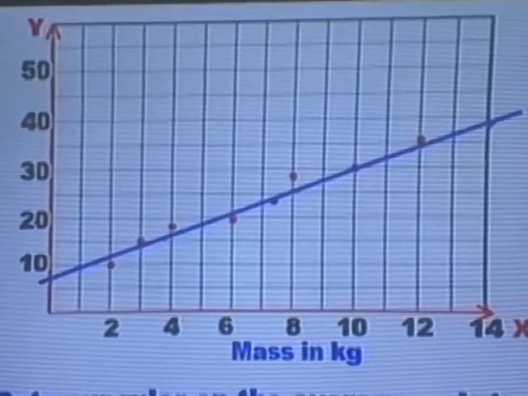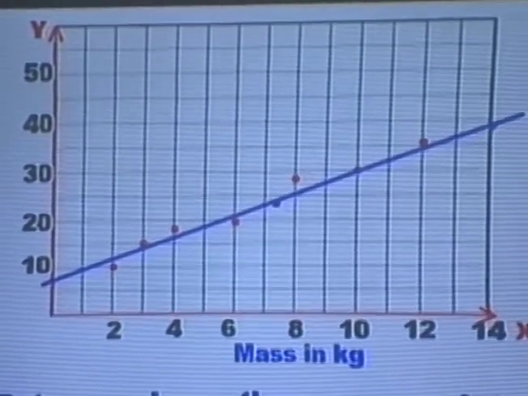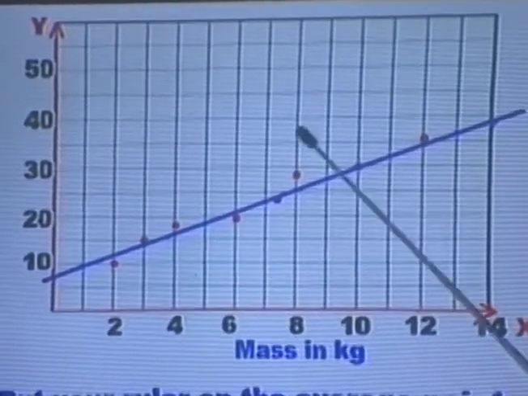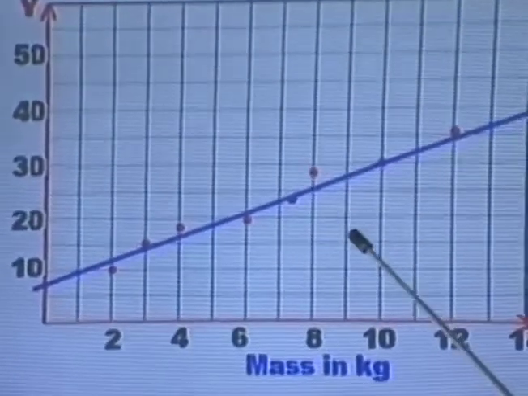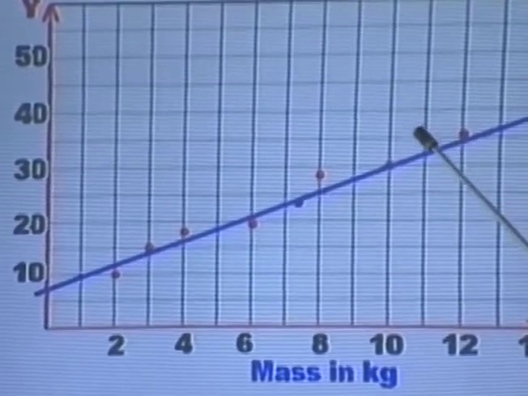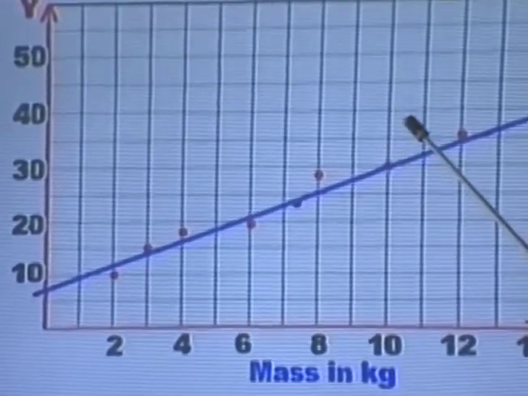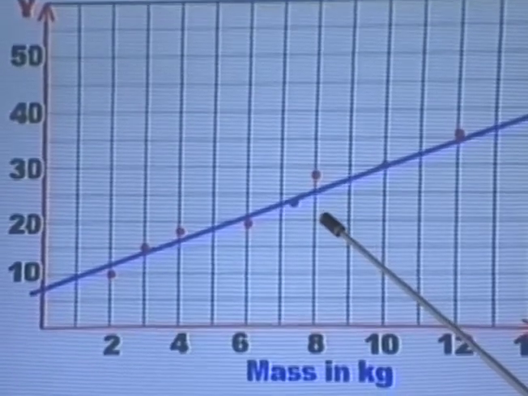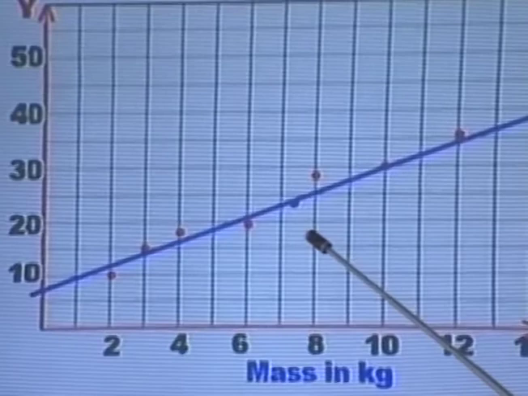And the way to do it is this. You have to put your ruler on the average point, and you don't just put the ruler and draw. You have to move your ruler around a bit so that when you see that many of the points are close to the line, then you draw the line of best fit. It's quite difficult to do.